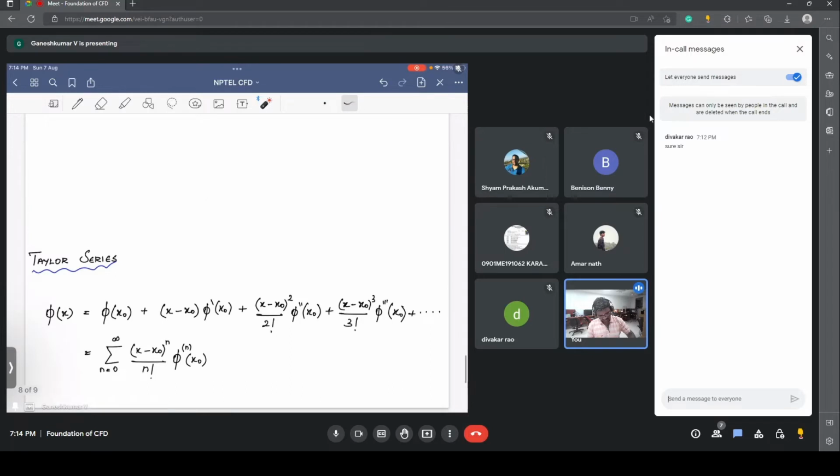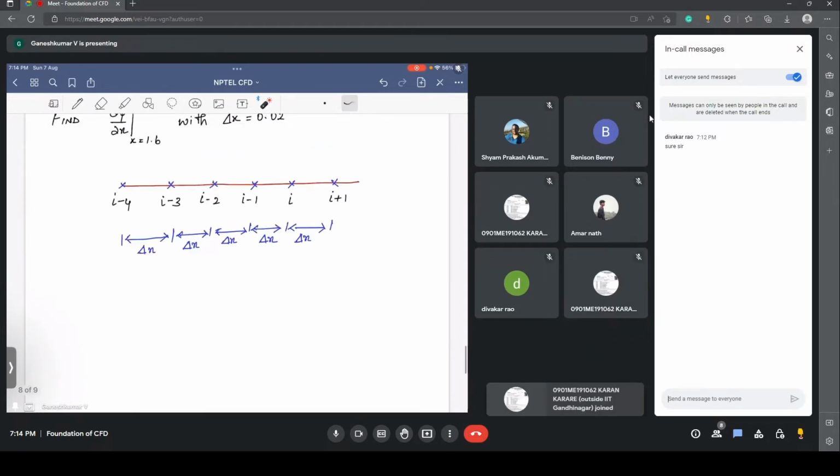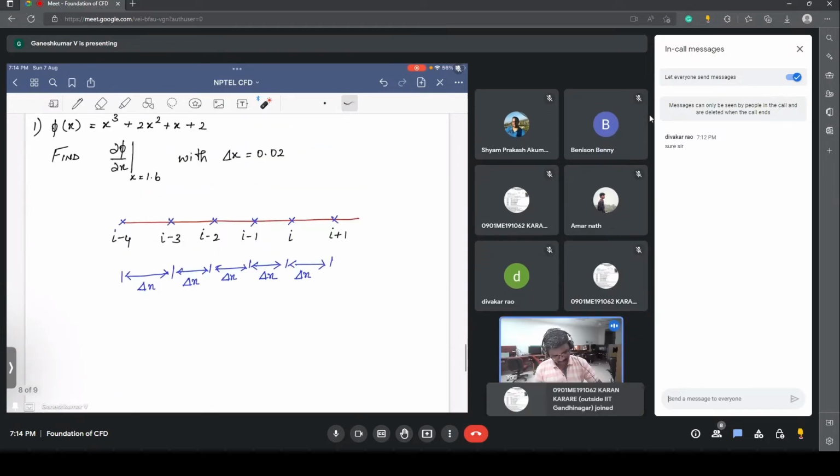Why we need to choose the Taylor series is that we need to find the derivative at this point I and at these points, the derivatives at those discrete points, but we don't know the function actually. That's why we go for the Taylor series. That's why the Taylor series is relevant to discretization too.